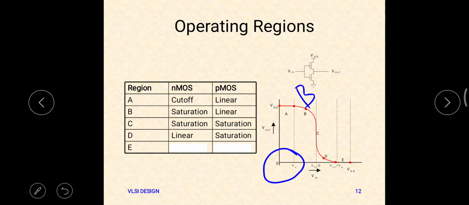Since NMOS is connected to the ground, your output is approaching 0. Finally, in region E, your PMOS will be in the cutoff region and NMOS will be in the linear region, which represents the voltage is greater than the threshold voltage of the NMOS transistor. Now the NMOS transistor starts to conduct, your PMOS will be completely suppressed, so the output is approaching 0.